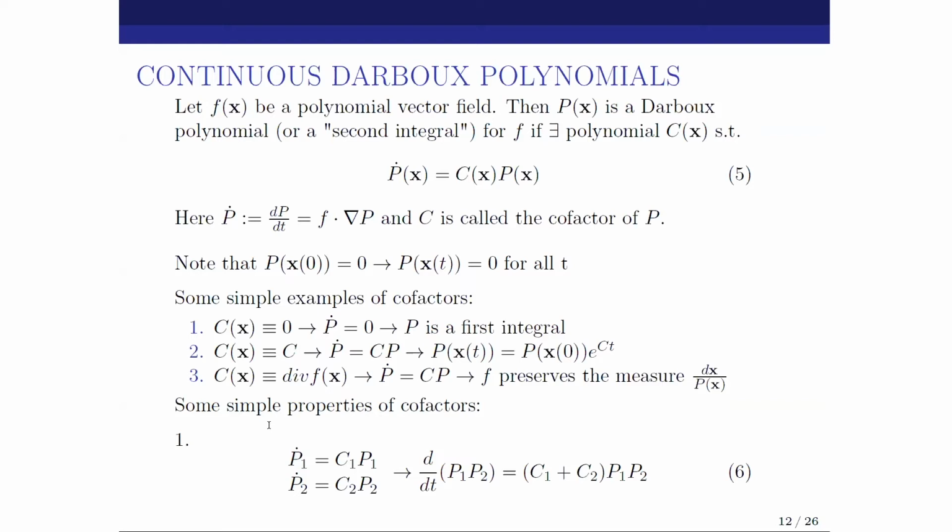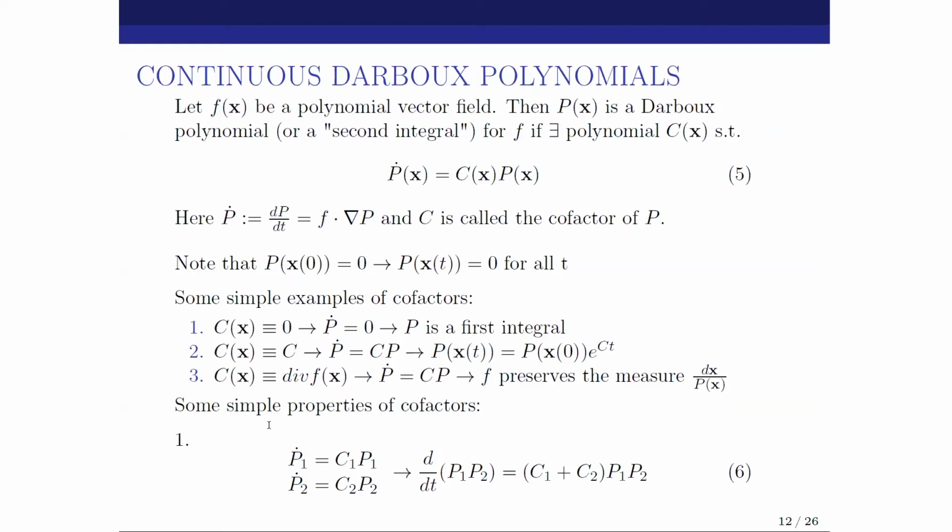These different names. So P is a double polynomial for the differential equation of the vector field if there is a polynomial function C such that P dot, I use the dot for the time derivative, P dot equals C times P.